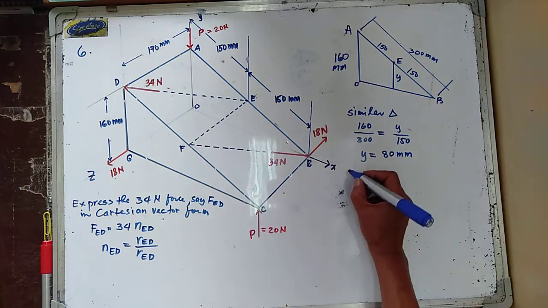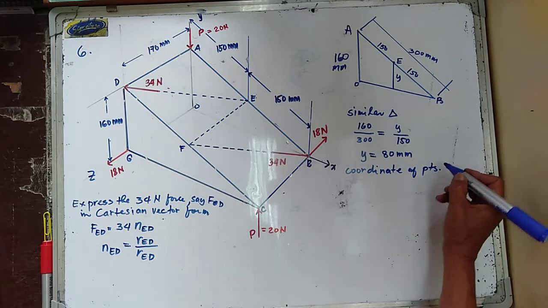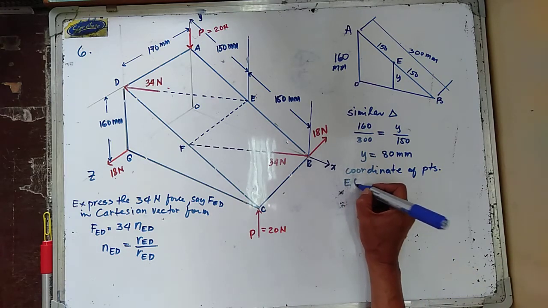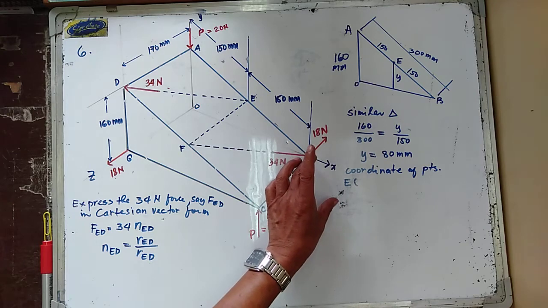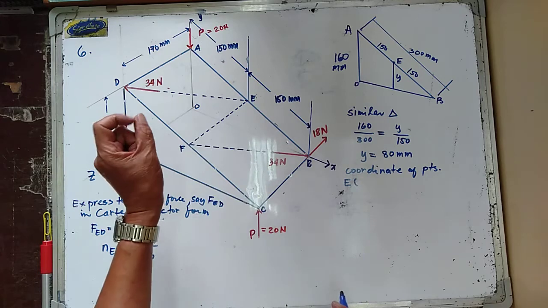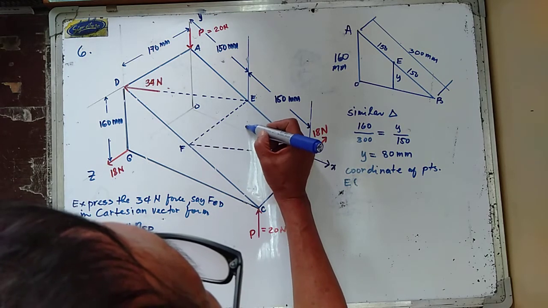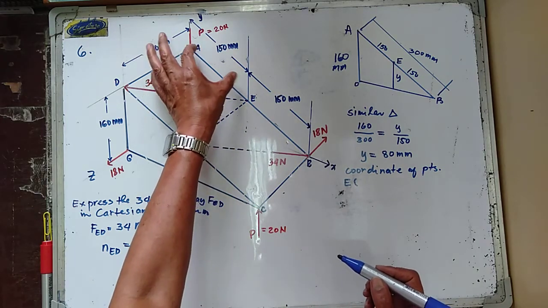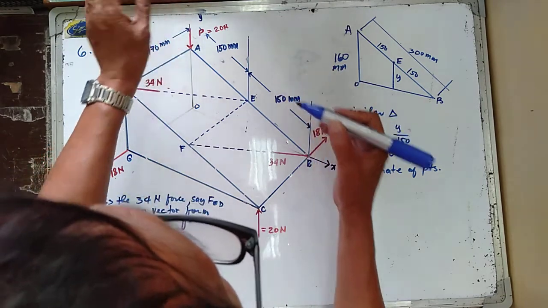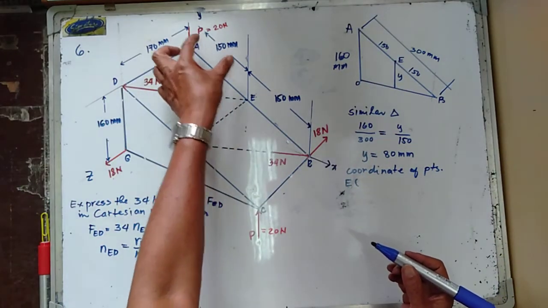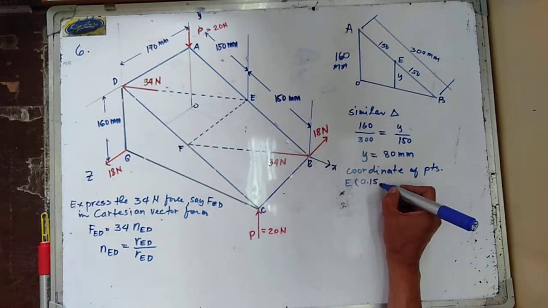Now, the coordinates of point E. In the x-axis, the coordinate of point E is equal to 150 mm, or 0.15 meters.